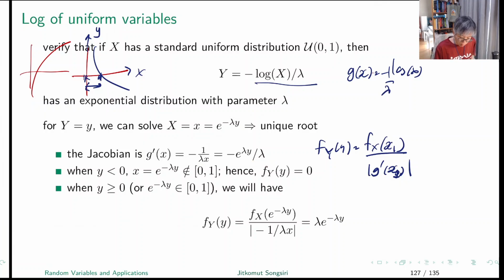So I plug this in and I get this expression. Now, when we have all the ingredients ready, let's clarify the density function in a proper way. Whenever y is negative, that is not possible. The density of y in that case must be 0.